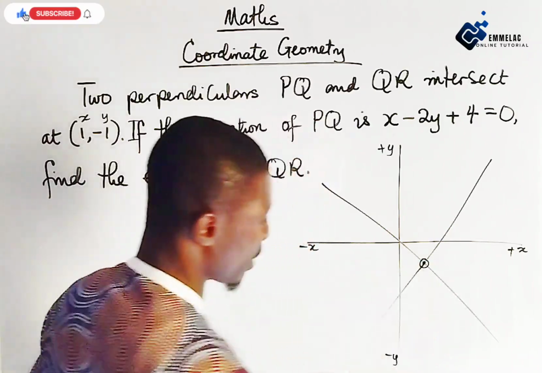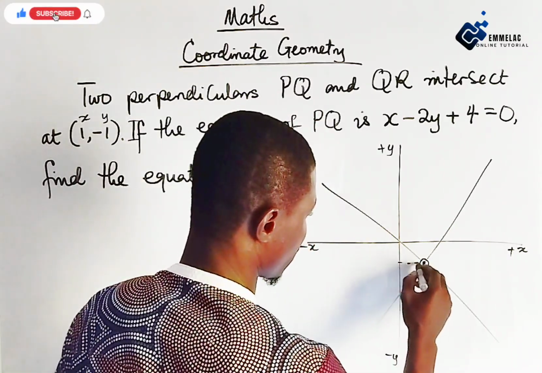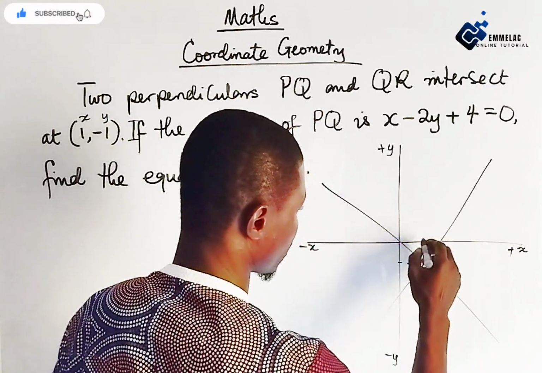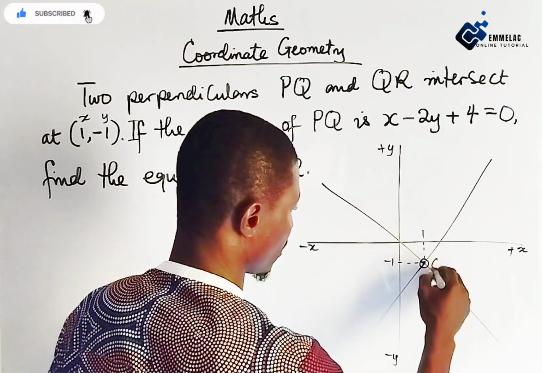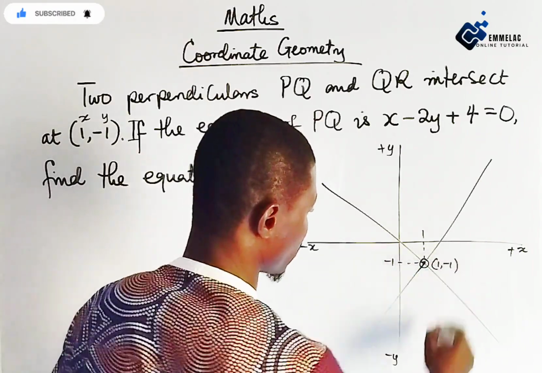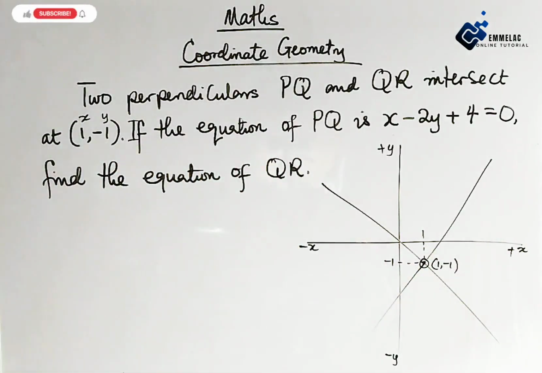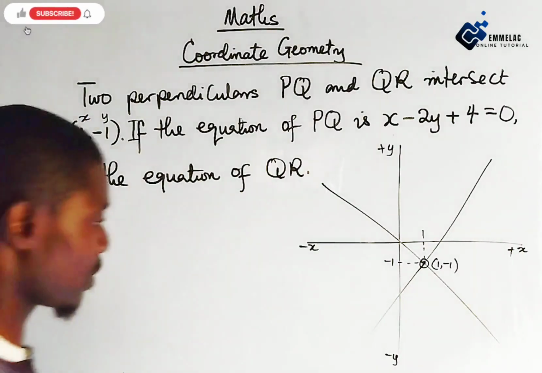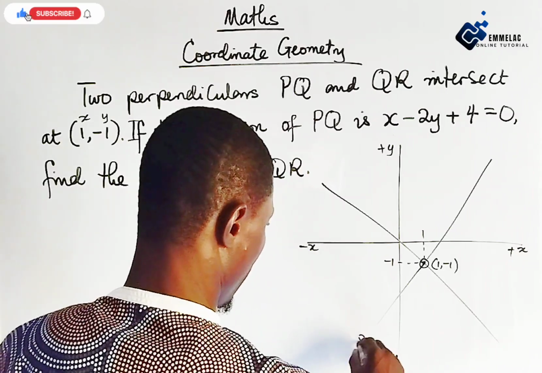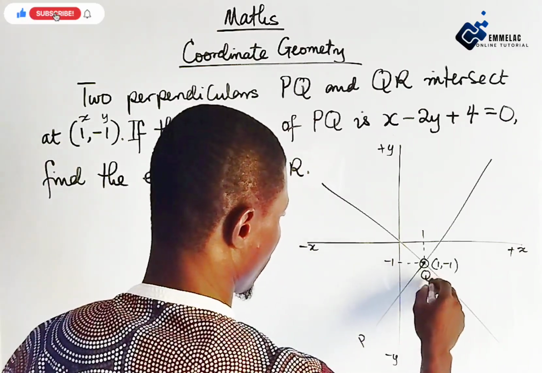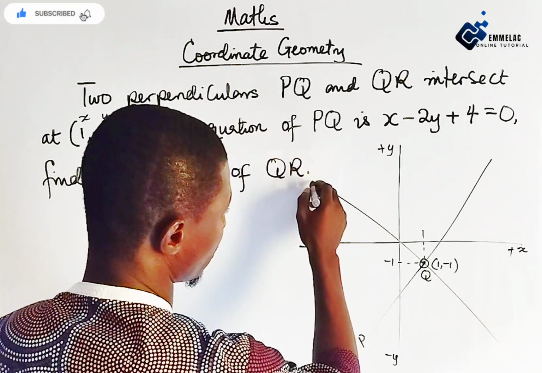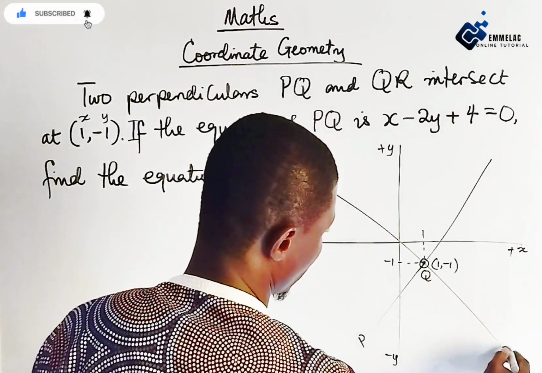This is 1 and -1. At this point, this is P, then our Q here, and let's say this is our R.